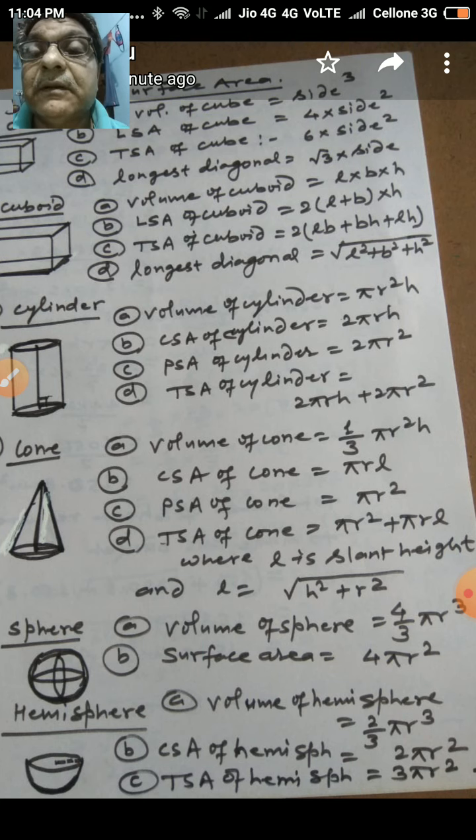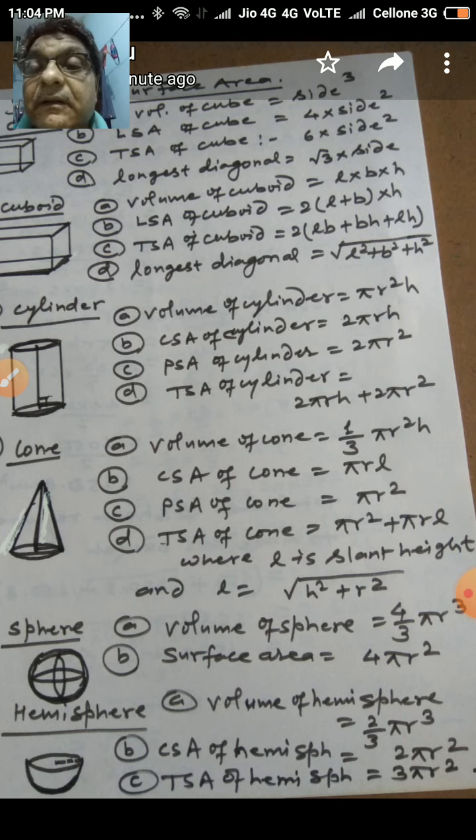Leaving the roof and floor, the area of all 4 walls is 2 into (L plus B) into H, that is perimeter into height. Total surface area, including top and bottom, is 2(LB plus BH plus LH), and the longest diagonal is under root L square plus B square plus H square.